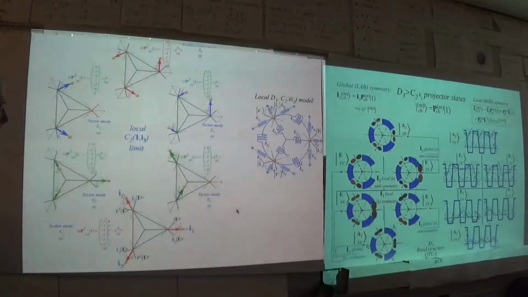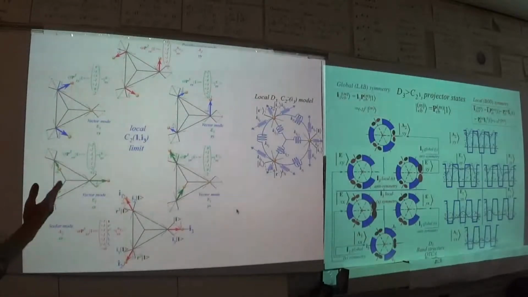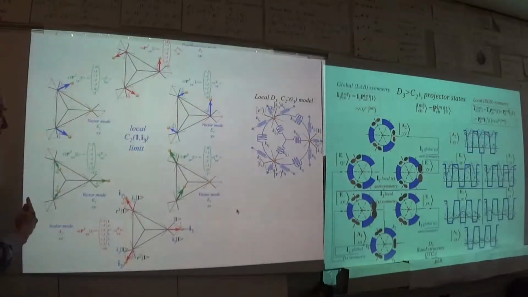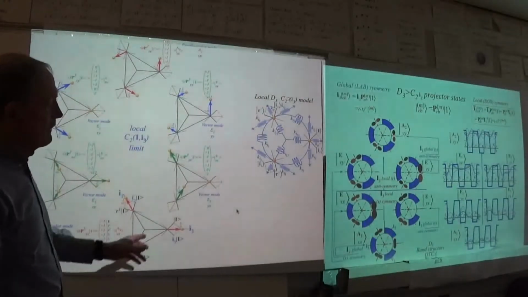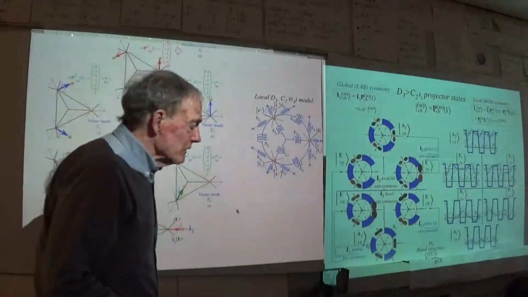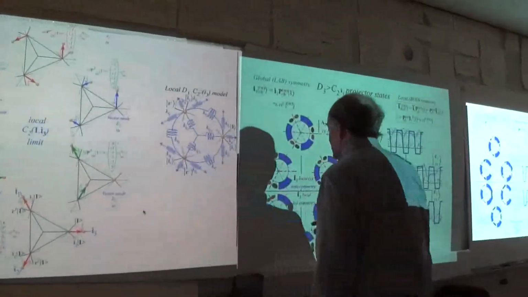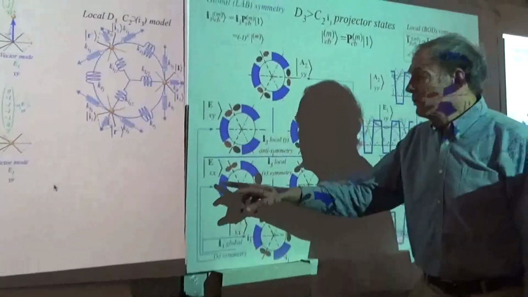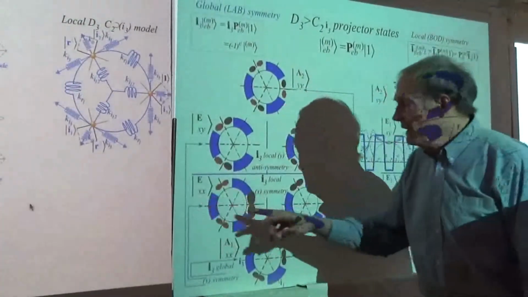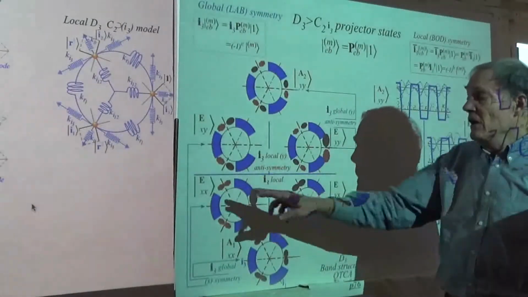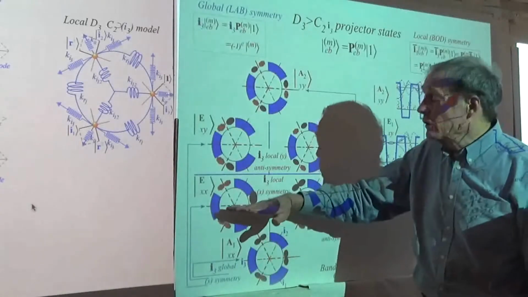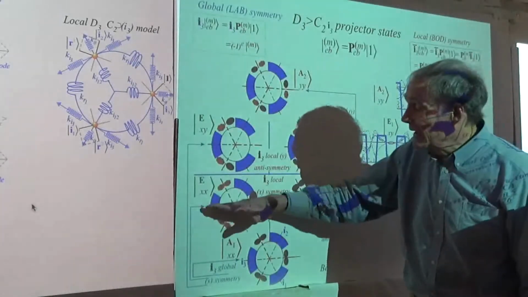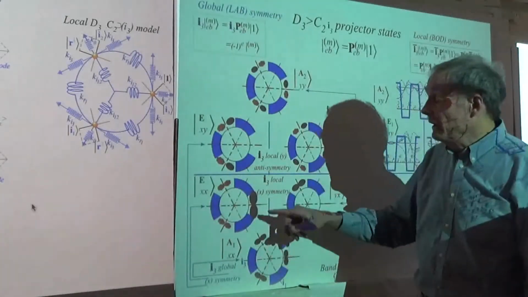But in any case, what it means to be XX is symmetric globally and symmetric locally. If I can just for a moment point to this example here, which we've talked about, this was one of the E degenerate states that had symmetry globally, which meant that this plane, the master plane, it was symmetric.